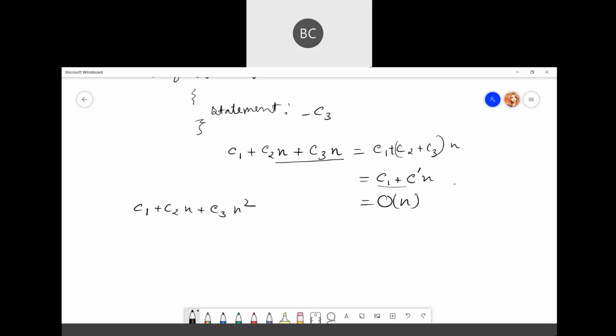So now it's a bit changed. Here our whole thing is mainly dependent on the n part. n is nothing but your input size.